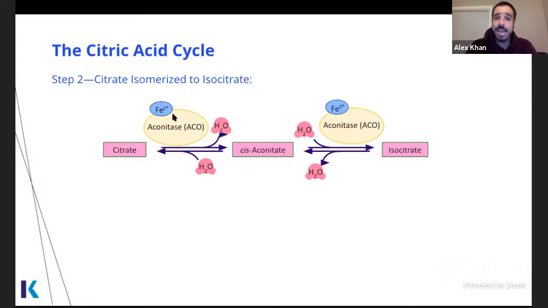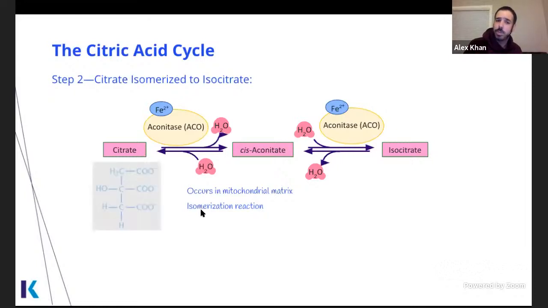What is the cool fact that we are going to remember about this process? It's why we're doing this. Why are we changing citrate to isocitrate? Like almost every step in the Krebs cycle, it occurs in the mitochondrial matrix. It's an isomerization reaction. We're just changing it from one isomer to another.